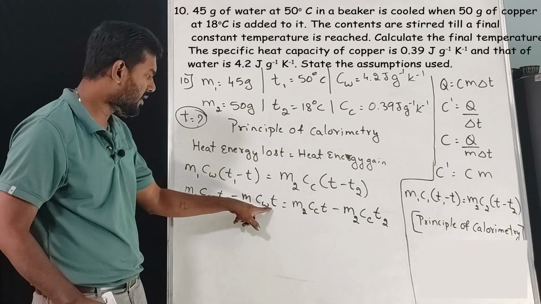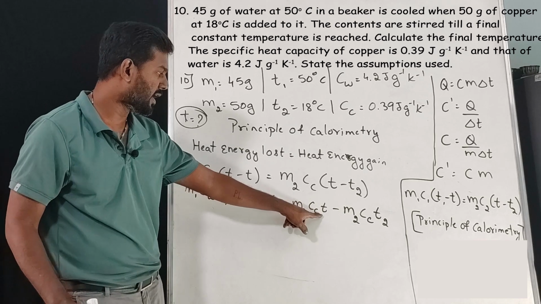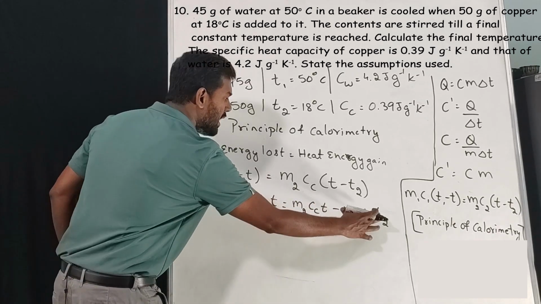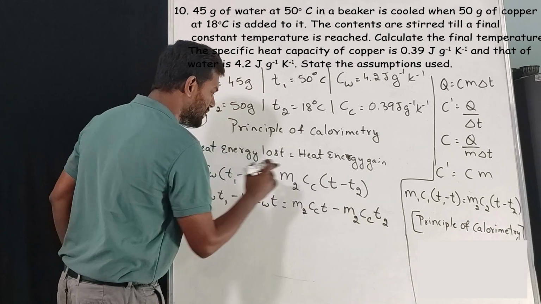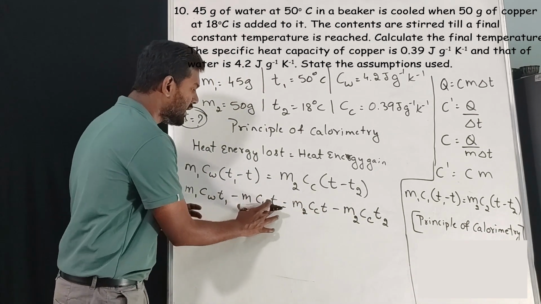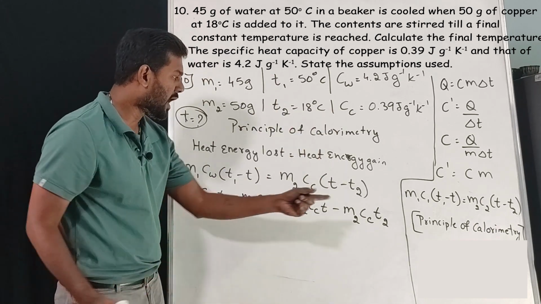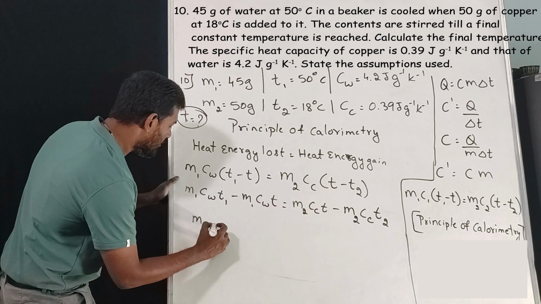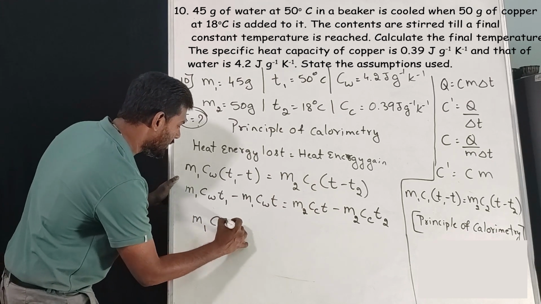Now here we have T and here we have T, correct? So we'll move this minus term to that side and we'll move this minus term to this side, so that the final temperature terms will be on one side and others will be on the other side. So this becomes M1 CW T1.